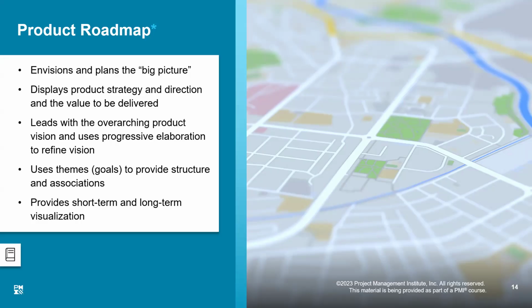On this timeline, for a predictive project, I could show my phases. But in an agile project, we are more concerned about the product, not the work. So that's why we are creating a product roadmap. The timeline here is called the product roadmap.